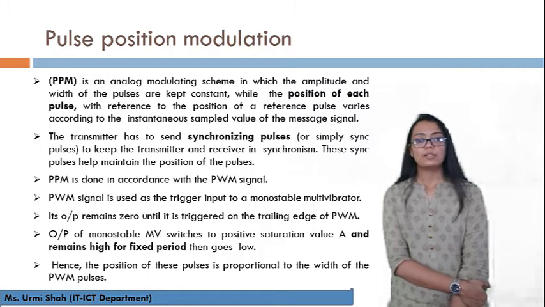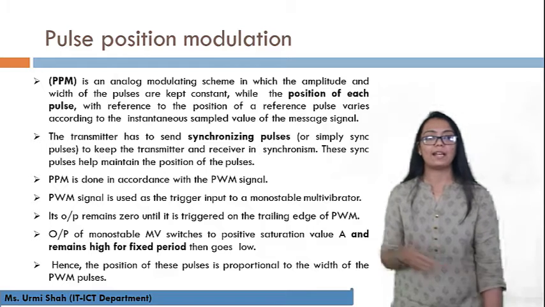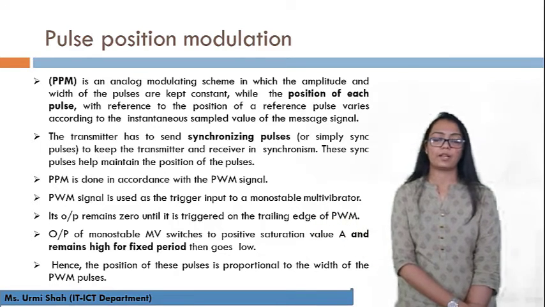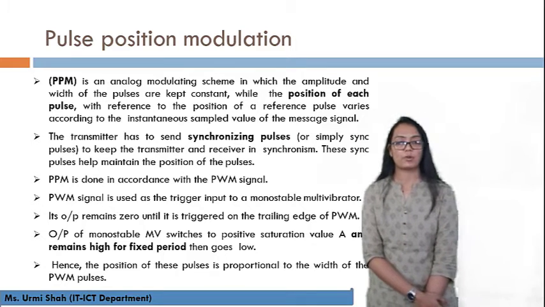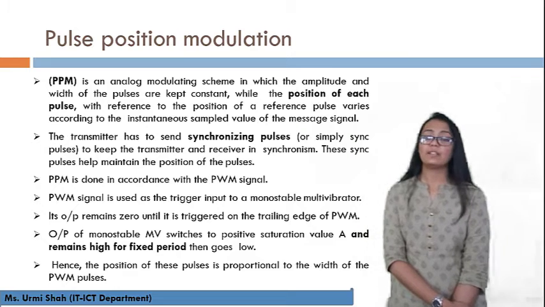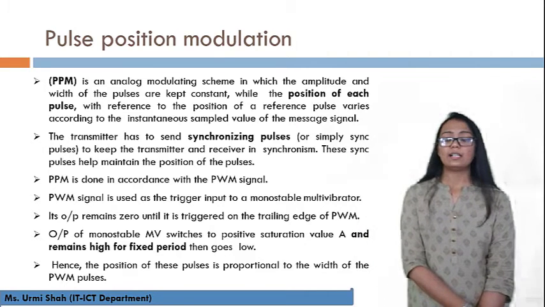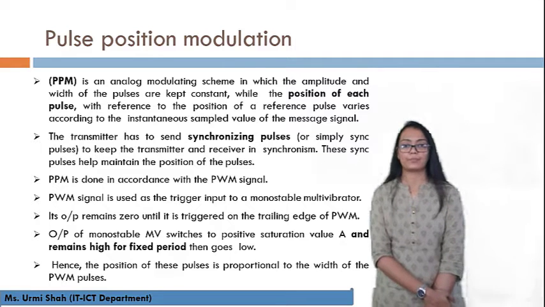The output will remain 0 until it is triggered on the trailing edge of PWM. This is what happens in pulse position modulation: the output remains 0 until it is triggered at the trailing edge of PWM.